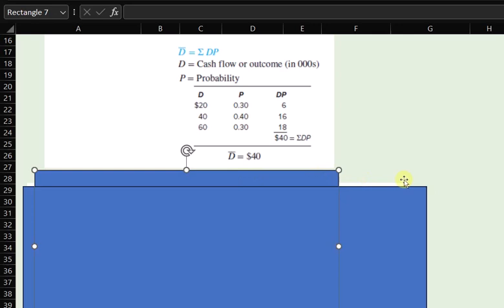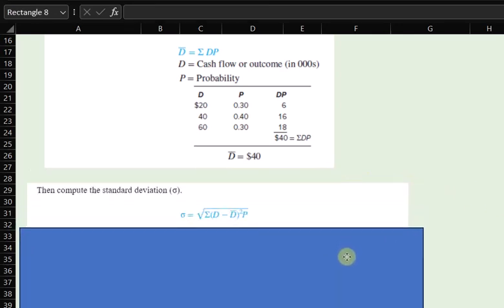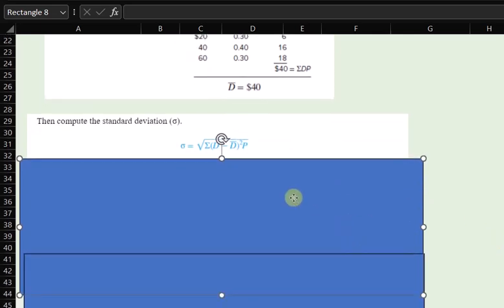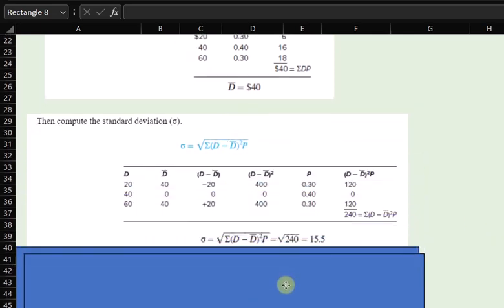Okay, so what's our next step? We compute the standard deviation. Now to do that, we've got this extended calculation that we've got to follow here. Okay, so we have our cash flow and we have the mean that we calculated.